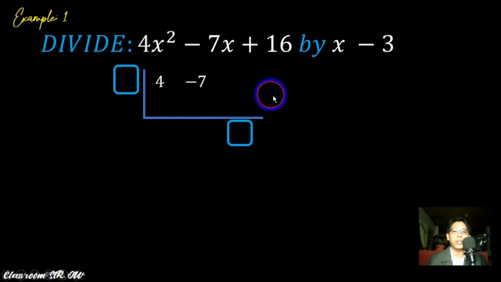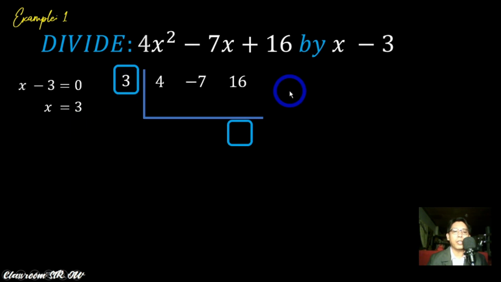And of course, the constant, which is 16. If you have identified the coefficients, we will look for the divisor. To get the divisor, we equate x minus 3 to 0, and we transpose negative 3, that is why x is 3, which is our divisor.